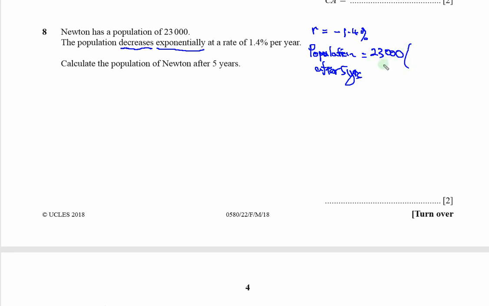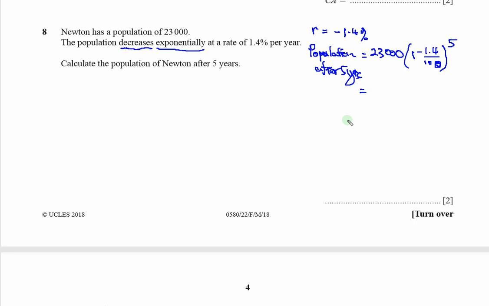This is equivalent to the initial investment for compound interest. Since this is a decrease, so this is 1 minus 1.4 over 100, then to the power of 5. Okay, you got it. So this is the formula you use in order to calculate the value.